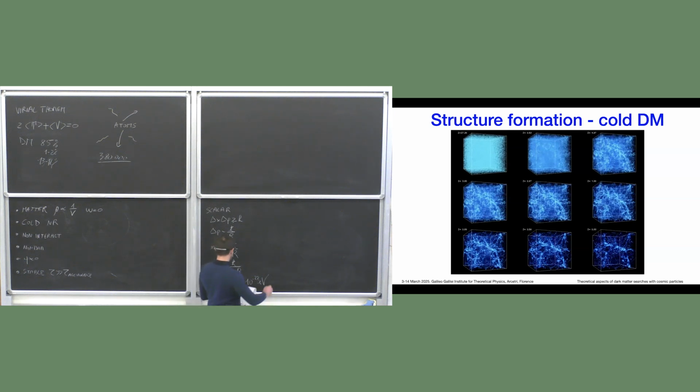And instead, if dark matter is fermionic, in this case you have the Pauli exclusion principle, for which you cannot have two fermions at the same point of the phase space. So we can write that the mass of the halo is equal to the mass of the dark matter multiplied by the volume and the integral of the phase space.